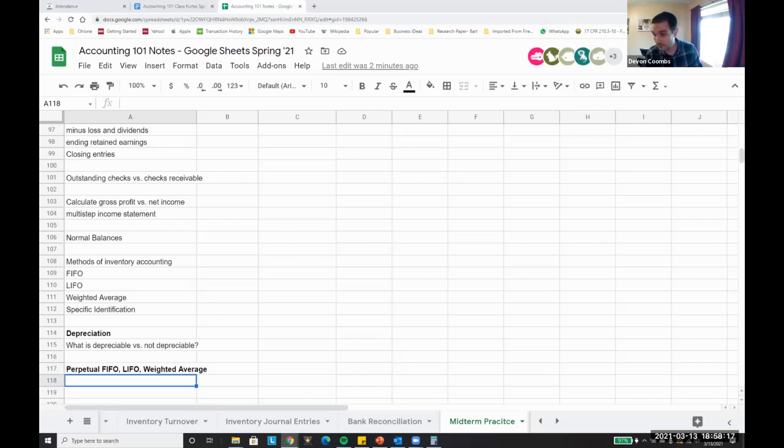Revenue recognition principle versus matching principle. Revenue is recognized when earned. We match our expenses to the revenues that they create. More bank rec. Yep, weighted average perpetual. That's it.